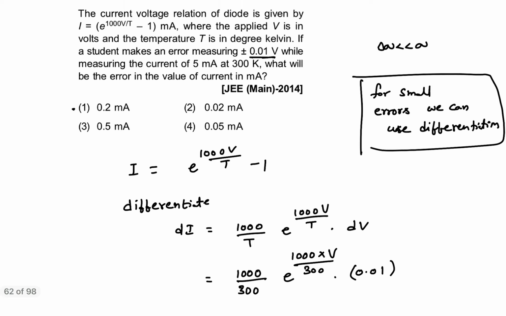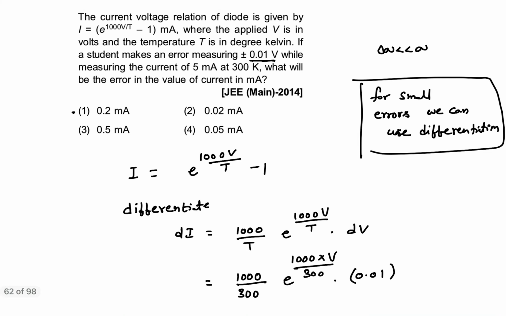T is given as 300. Now the delta V value they have given is 0.01 volt.